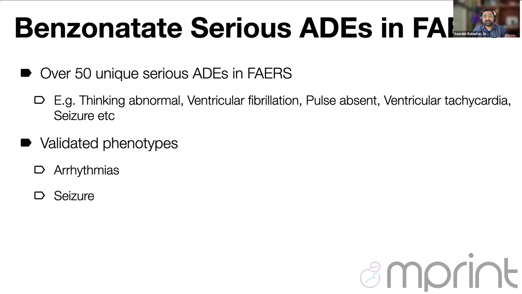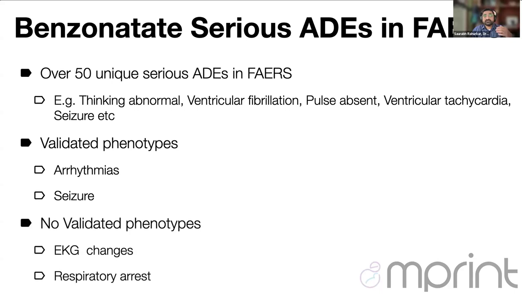And then we looked at the seizure category, both of which have validated phenotypes in the KB, which makes our analysis more reliable, so to speak. We also wanted to look at other ADEs for which phenotypes did not exist. So for these, we looked at EKG changes and respiratory arrest based on how high the PRRs were.